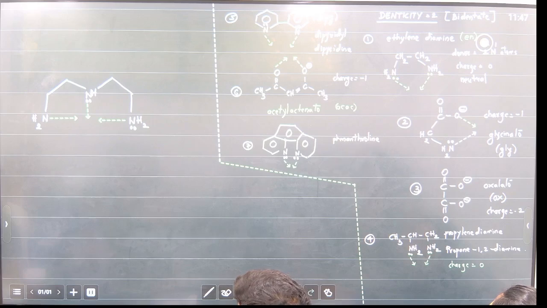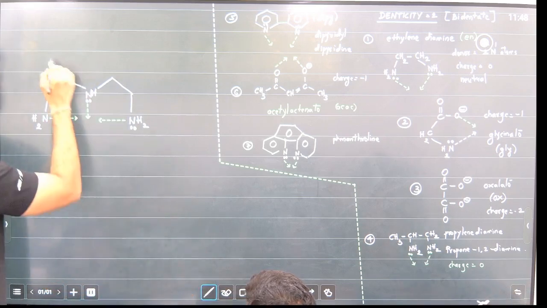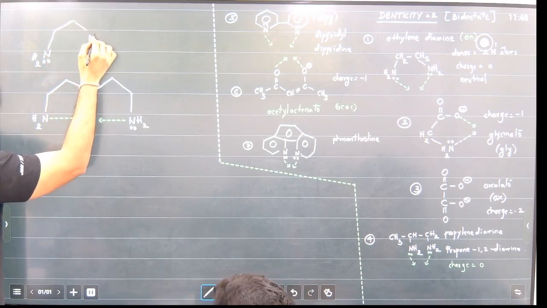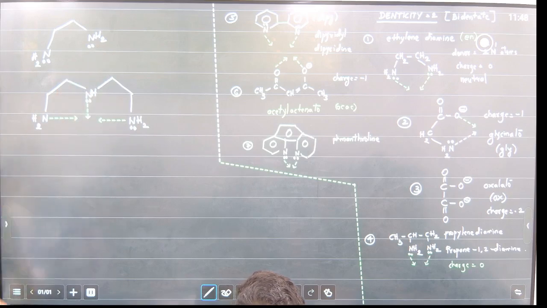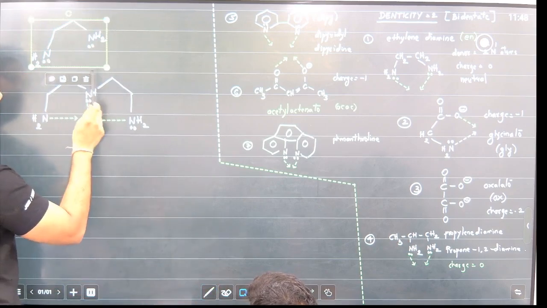Can someone try for the nomenclature here? I think it's the derivative of the first bidentate that we have written. If I give you this, इसका nomenclature क्या था? This is ethylene diamine. So what have we done here? Very good.